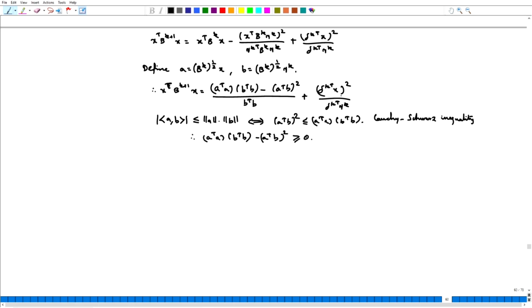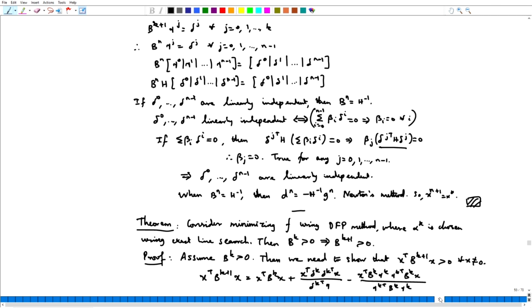Now, delta k transpose x squared is also positive, but delta k transpose gamma k we do not know yet. Proving its positivity requires the condition I just mentioned, that alpha k is chosen using exact line search.